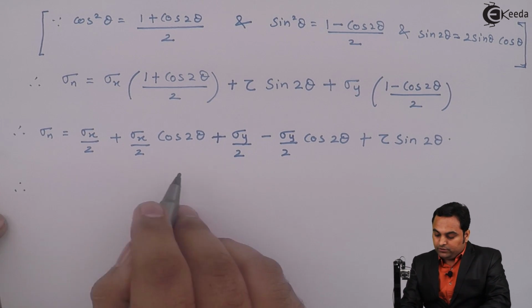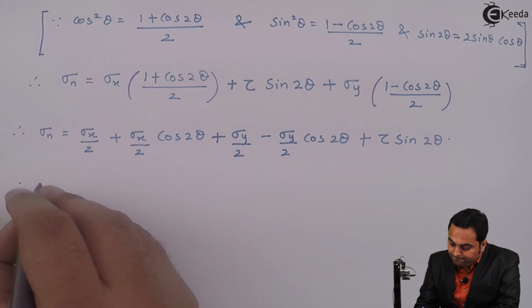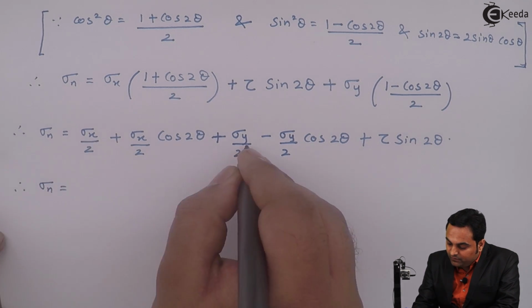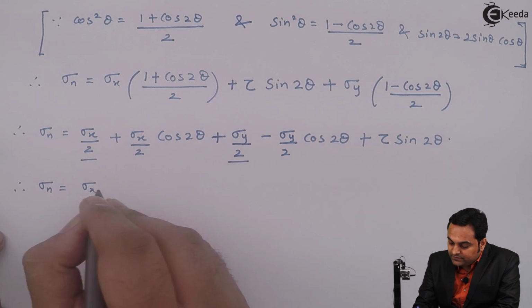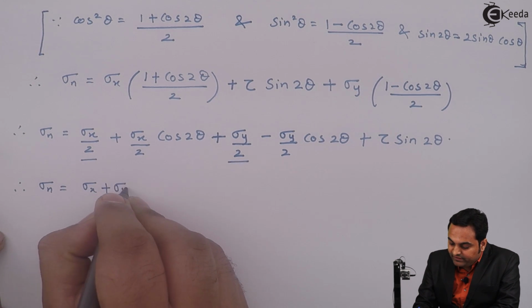So therefore from this I'll bring sigma x and sigma y together. Adding these two terms, (sigma x plus sigma y) by 2.